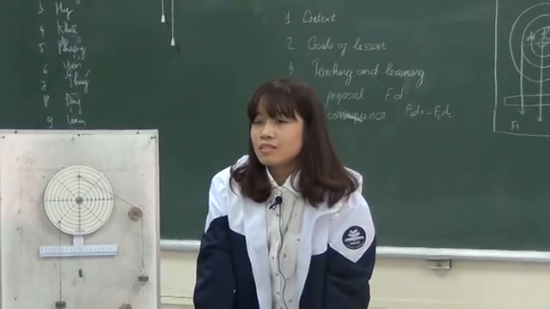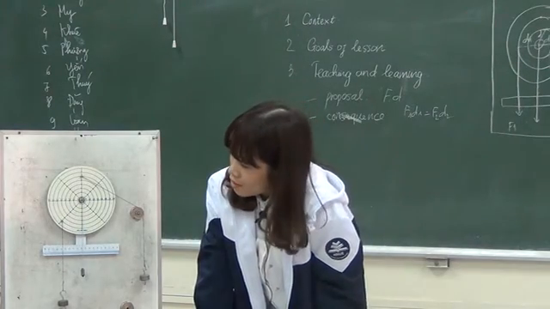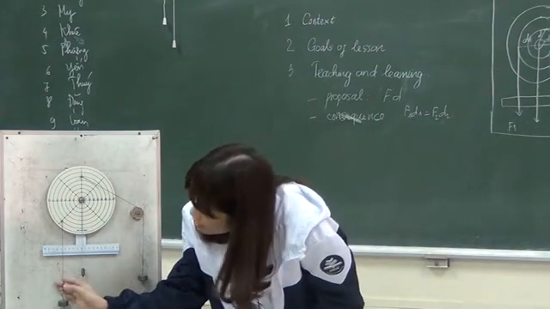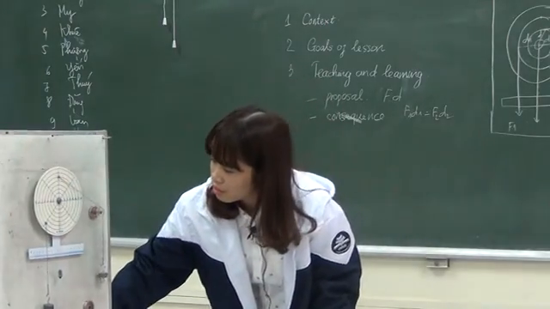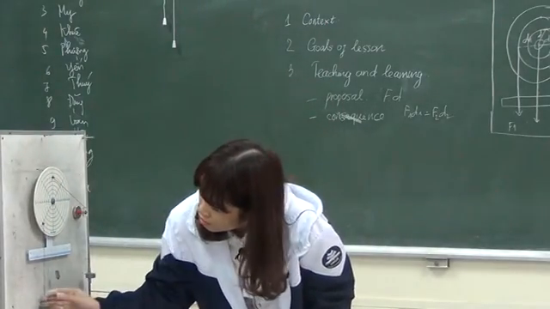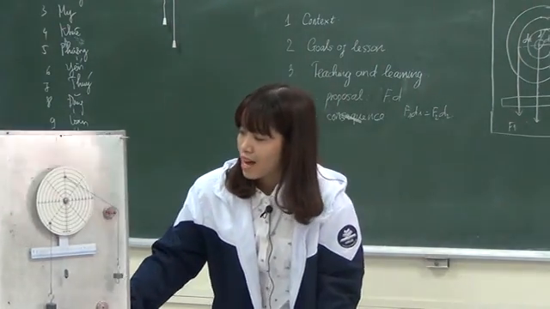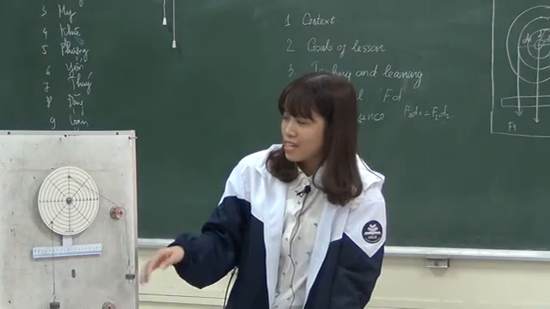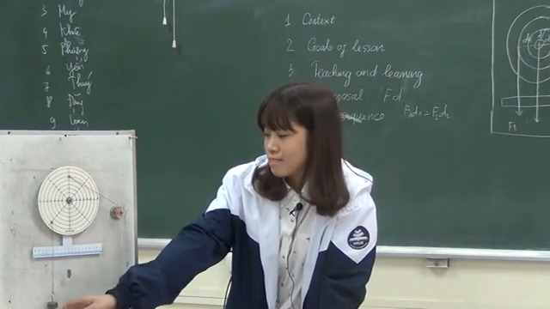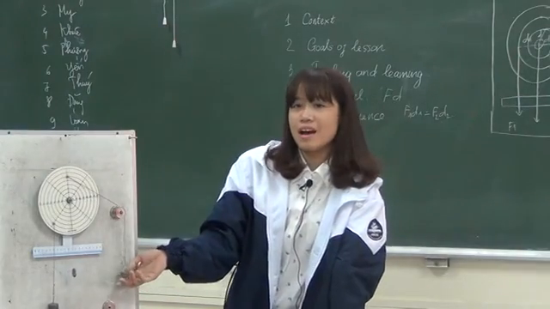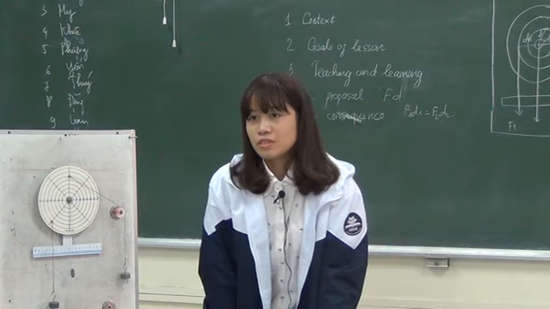And how about the vertical force? What is the lever arm of that? Here it is about 5 centimeters, because we can see that force one has one mass hanging, and F2 has one mass, so D1 equals D2.